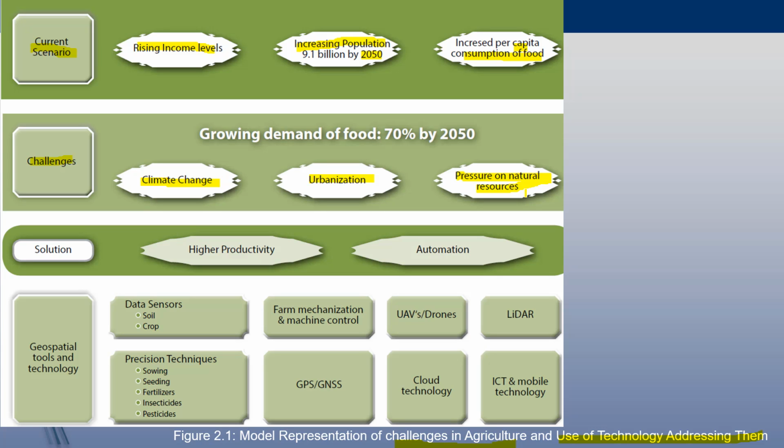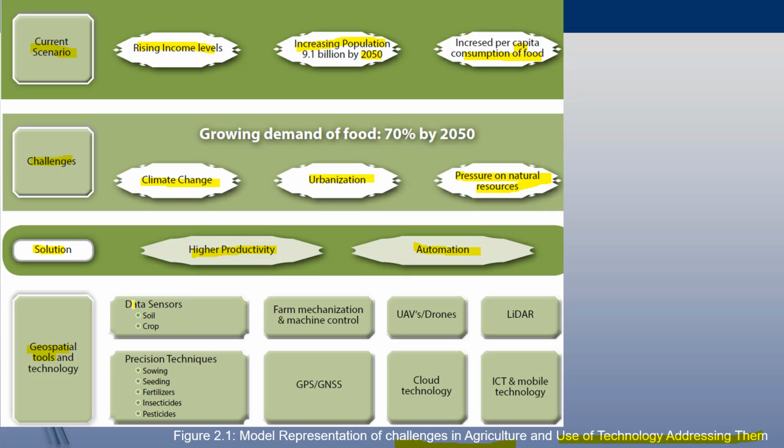So what is the solution to these three challenges? The solution is automation, that is to make use of technology in agriculture to perform repetitive tasks with the help of machines, with some kind of collaboration between humans and machines. This will result in higher productivity, and to provide this automation, there are geospatial technologies and tools for various agricultural activities.